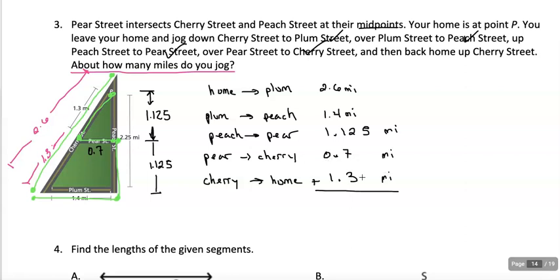We got 1.3 and 0.7 is 2, 3, 4, 5, 6, 7.125 is what I'm coming up with. Quick confirmation here: this is 2 miles, this is 3, 4 miles, that's 6 plus 1 is 7, and 7.125. Okay, so that's how you get through that problem.